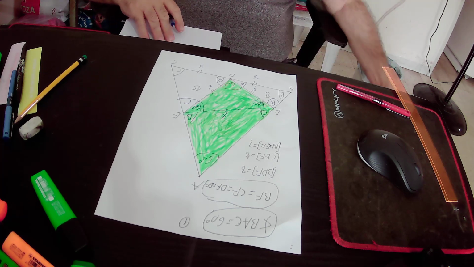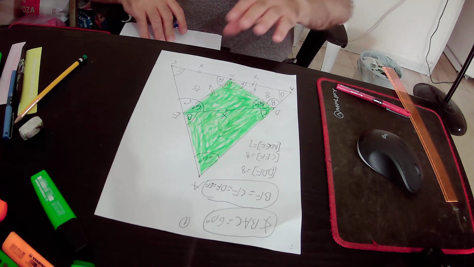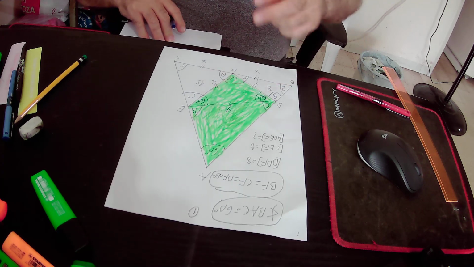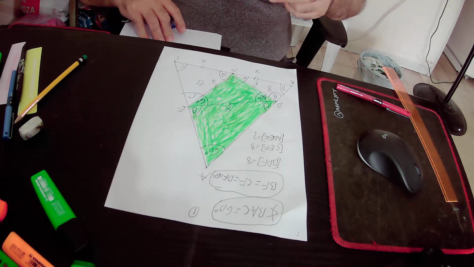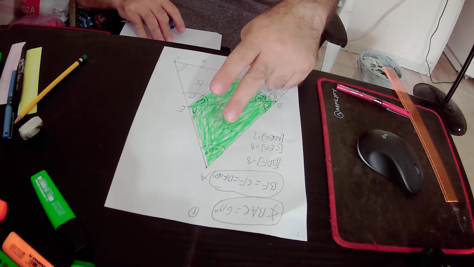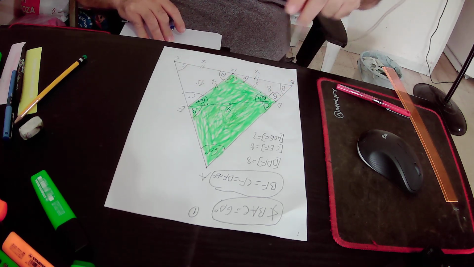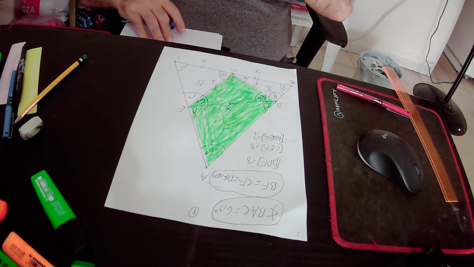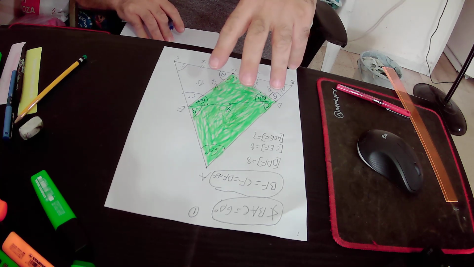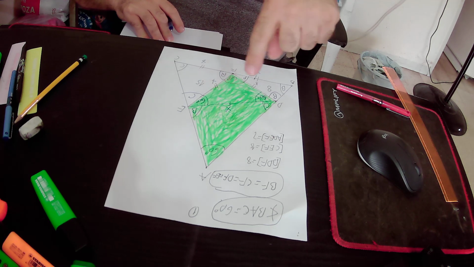Actually, in this triangle AED, we have three angles. The first one is 60 degrees. Then we have angle B and angle C, exactly like the same angles as in triangle ABC.